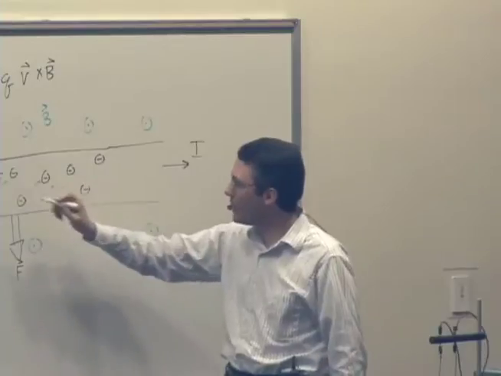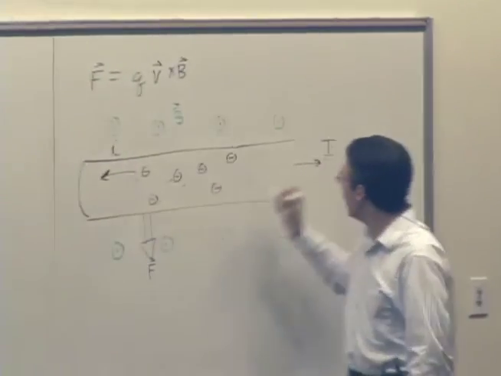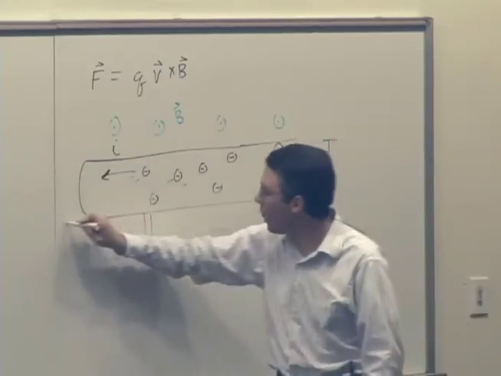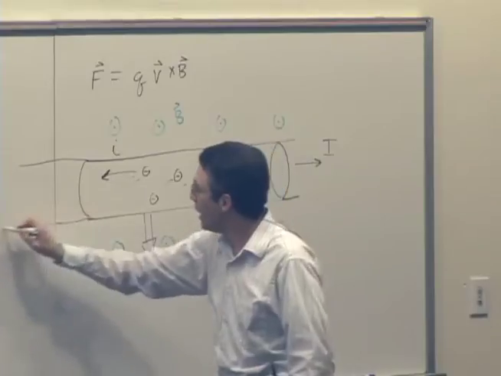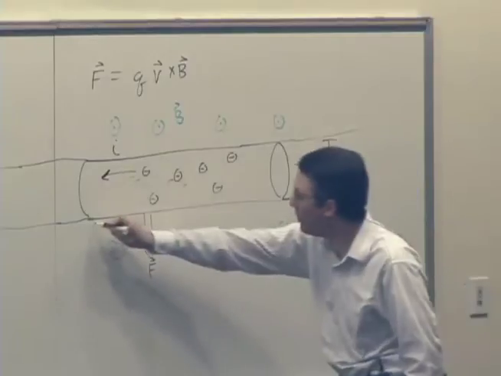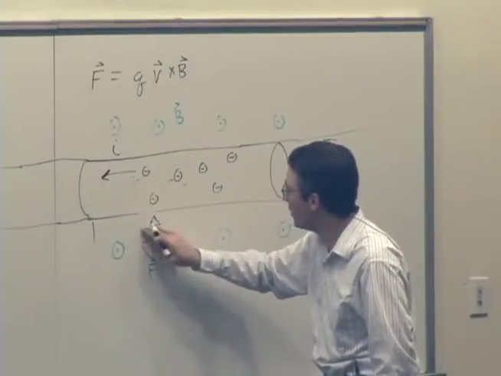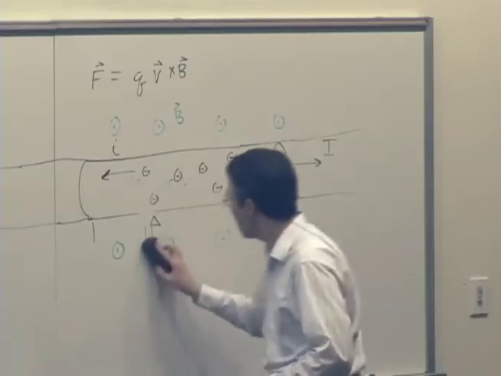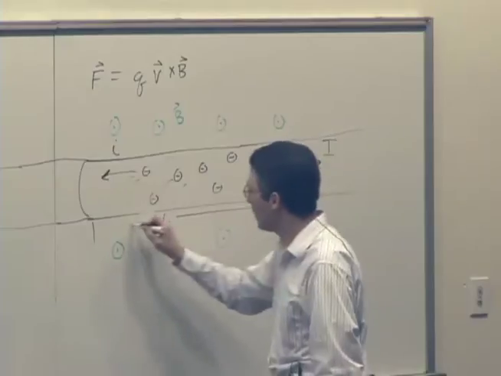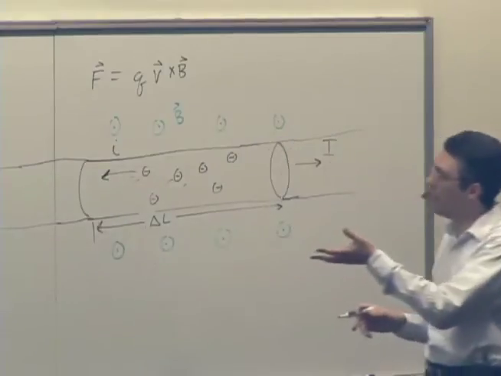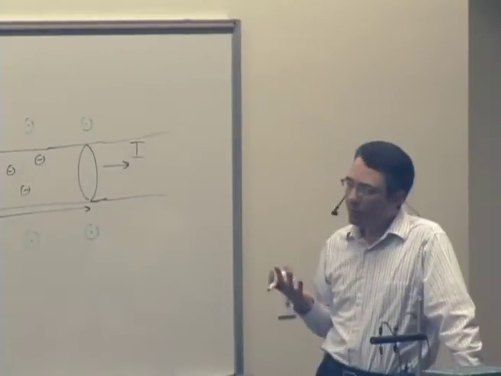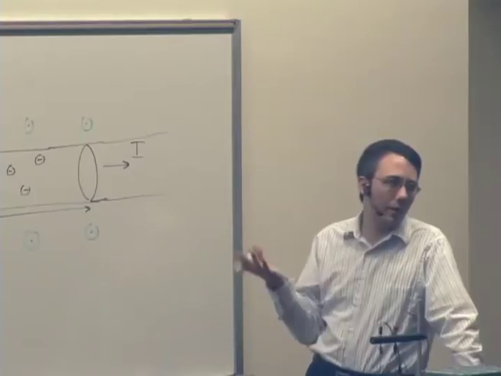So we could calculate this by thinking about just a whole bunch of electrons in a segment of a wire. And doing the typical sort of thing, I'm going to break this wire up into pieces. So here's one piece, and I'll call the length of this piece delta L. To get the total force on all the electrons in the segment of the wire, I would need to find the number of electrons in the wire, right?